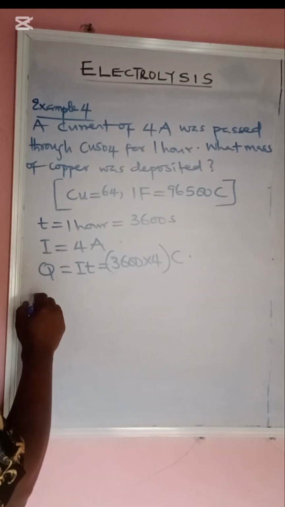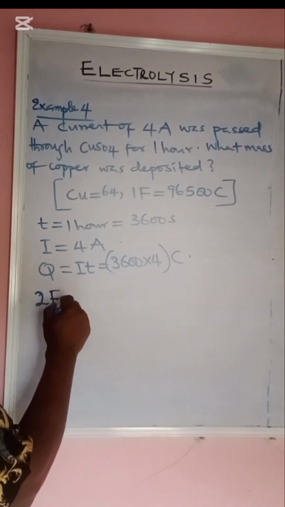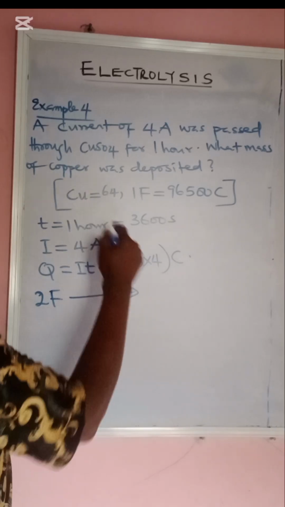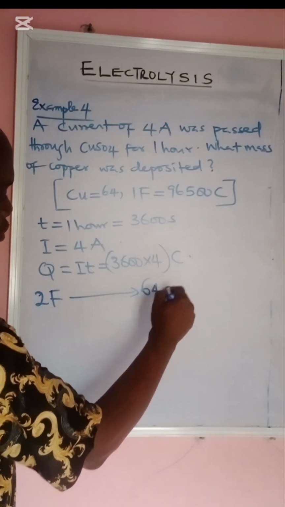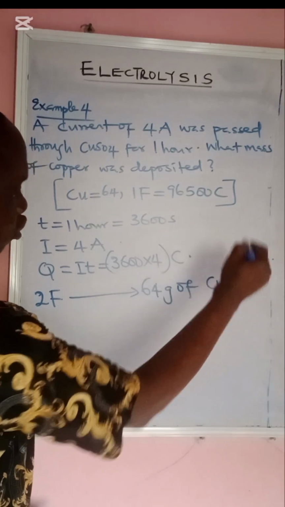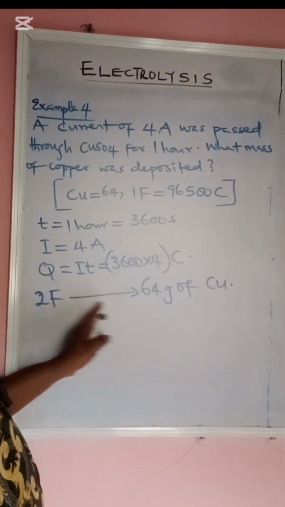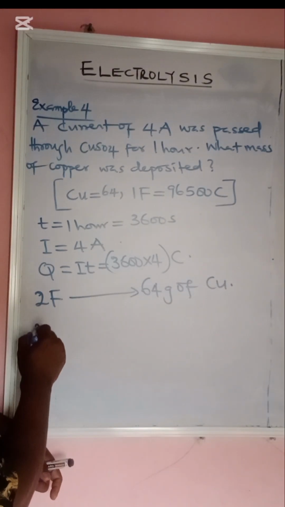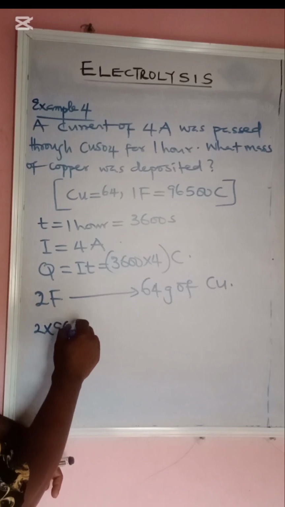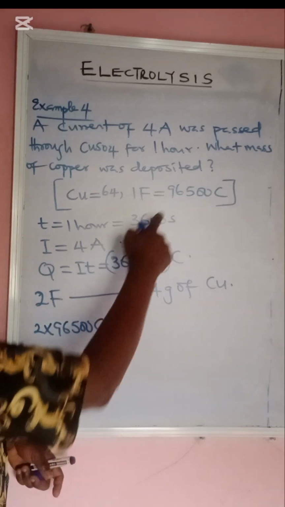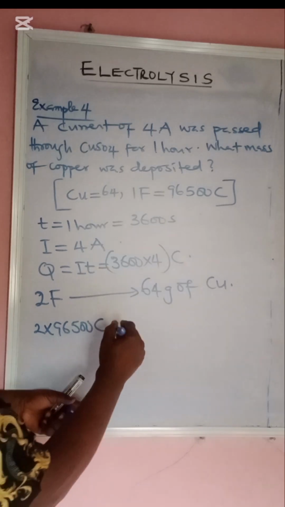So 2 Faradays of electricity will deposit 64 grams of copper, meaning 2 times 96500 coulomb deposit 64 grams of copper.